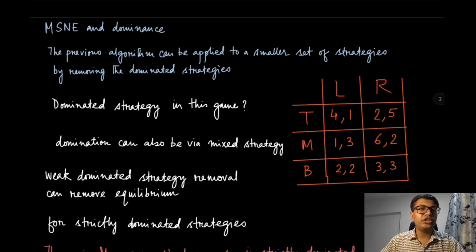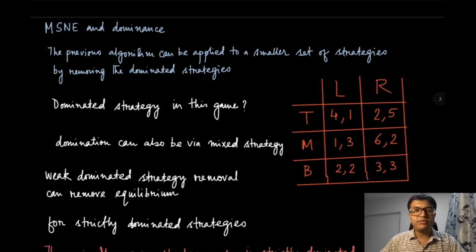We are going to use a very similar thing, but now we have the flexibility of removing those strategies of players which are dominated by a mixed strategy of the same player. Earlier we were just looking at domination by another pure strategy, but now we can talk about a mixture of 2 or more strategies giving rise to the dominance.